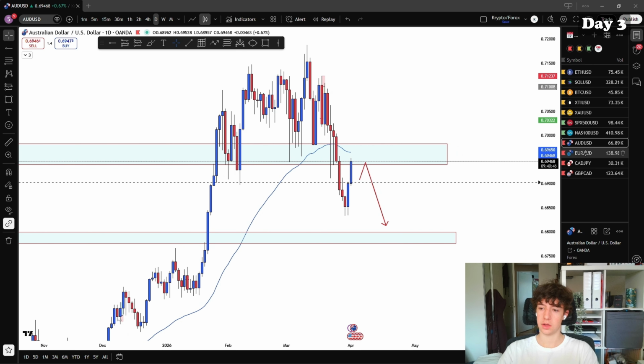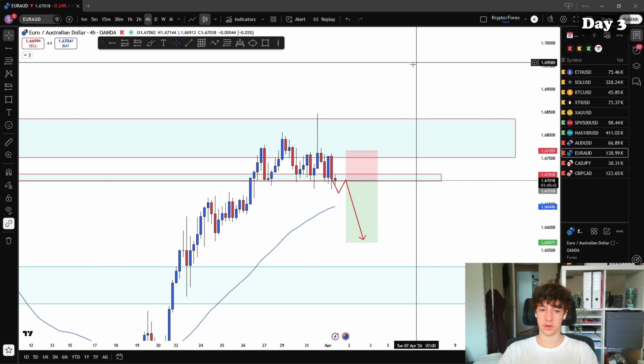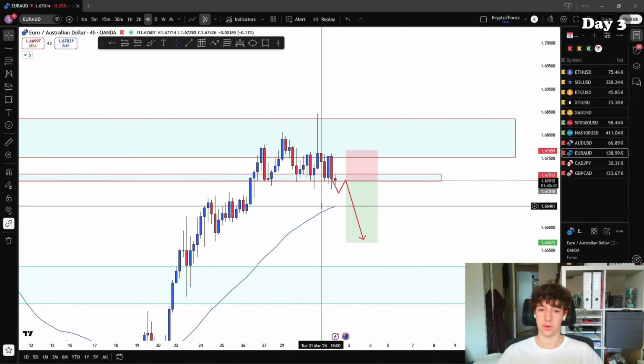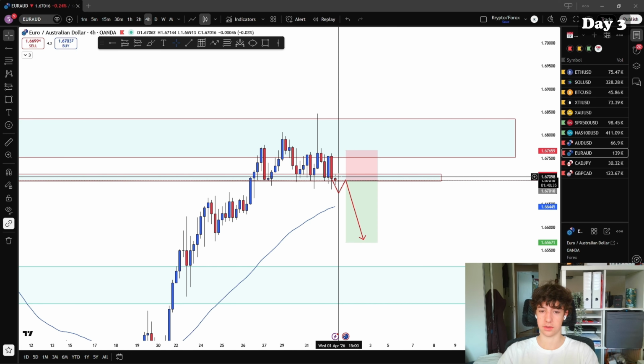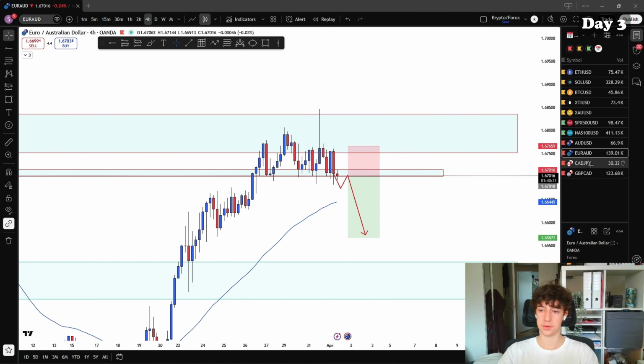I don't actually know. On Euro AUD I'm still waiting for a close under this structure area, or else we are still in a downtrend. We are currently rejecting it really well, so now I just need to wait for a strong close under.